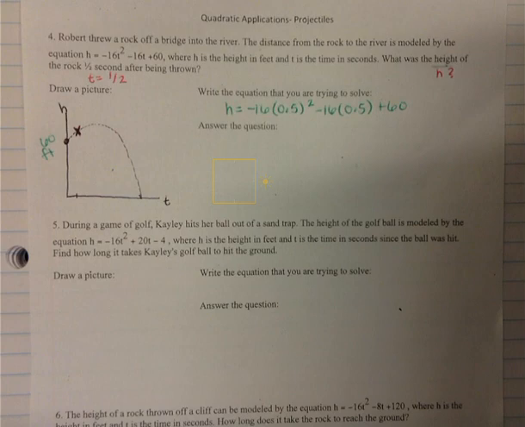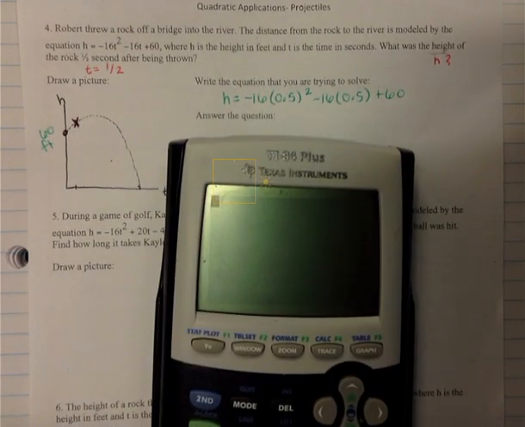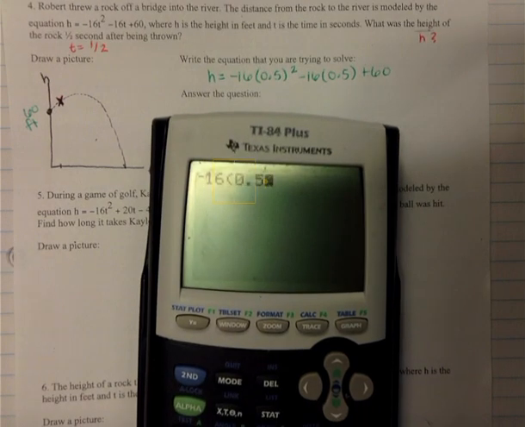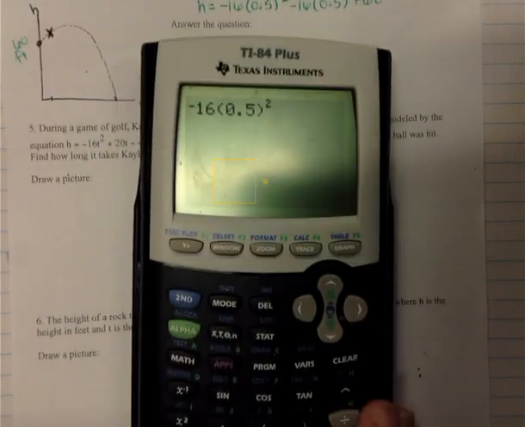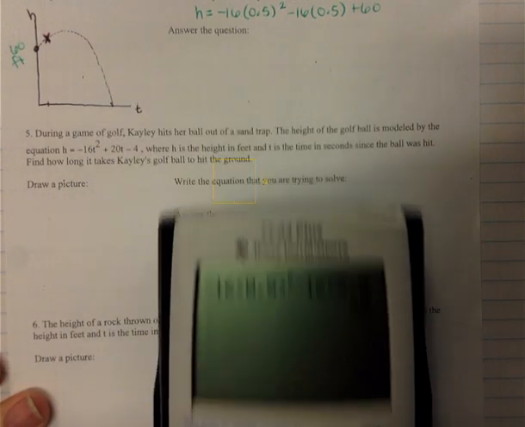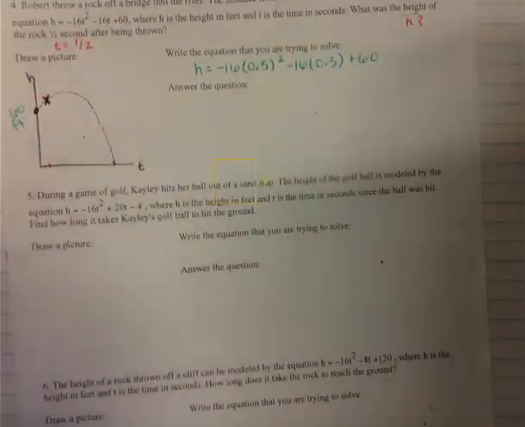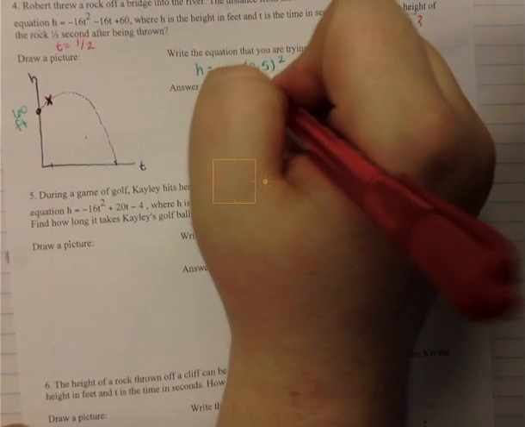So if we plug this into our calculator, we get negative 16 parentheses 0.5 close parentheses squared, minus 16 parentheses 0.5 close parentheses, and then plus 60. We get 48. So the height after half a second is going to be equal to 48.